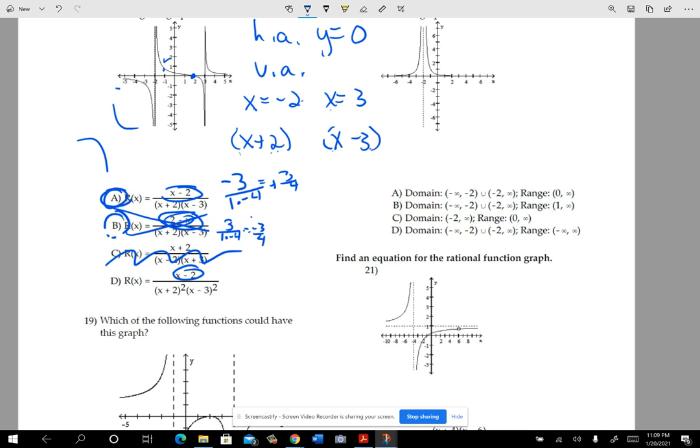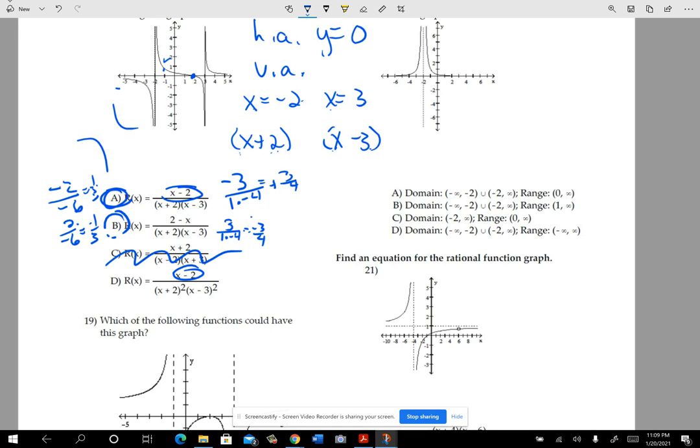And then also the y-intercept can be helpful. You know, what happens when you plug in a 0 for x and see what you get. If you plugged in a 0 for x, you'd have -2 over -6. It should be at a positive 1/3. Plug a 0 into the second one, and you'd get 2 over -6. You'd get a -1/3.